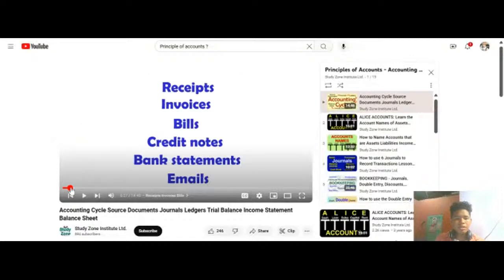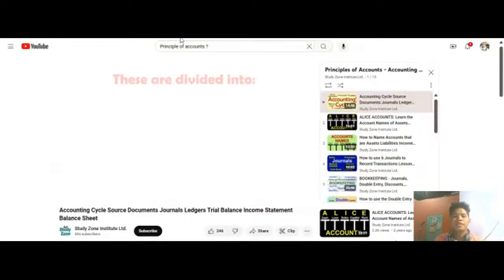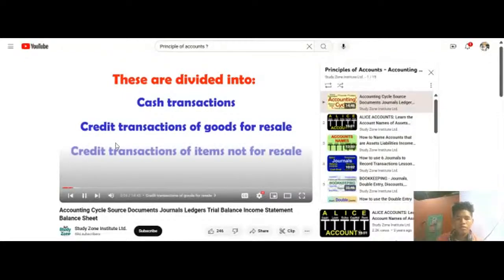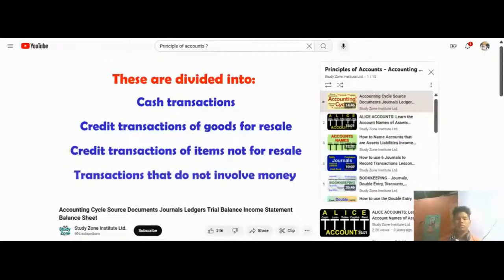It says the terms you'll be looking into today are bank statements, credit notes, bills, invoices, and receipts. So just a heads up with that. These are divided into cash transactions, credit transactions of goods for resale, credit transactions not for resale, and transactions that do not involve money.